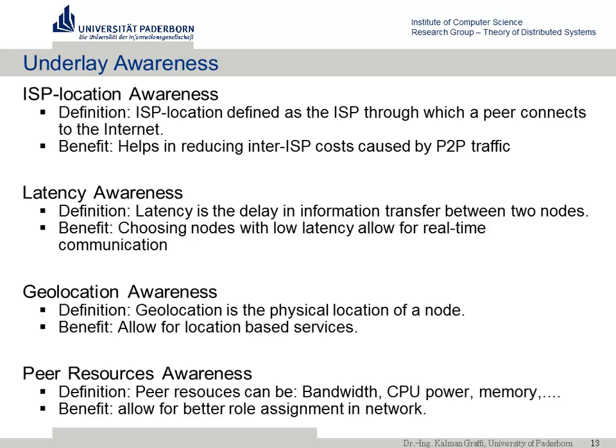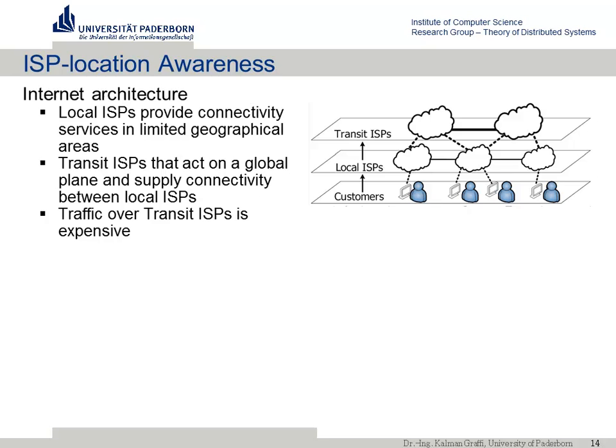And finally, underlay awareness can also go for the peer resources, but it's somehow more difficult to estimate. Okay, the most prominent one basically is this ISP location awareness, because they were really complaining that they do not want to have these links used.